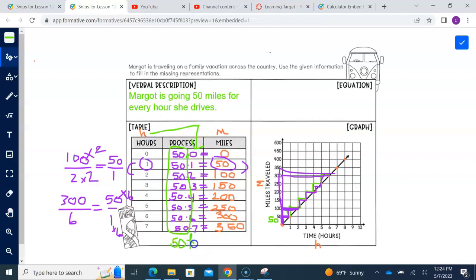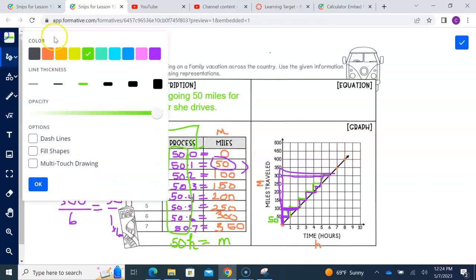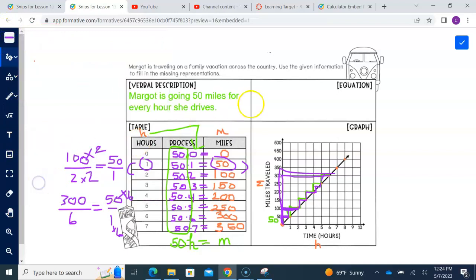So that becomes the variable H. They didn't give me the variable, but I chose H because I think it helps me to keep things straight. I'm taking 50 times the hours, and that's going to get me the miles I'm driving. So that is your equation. It's how you use the process to create the equation.